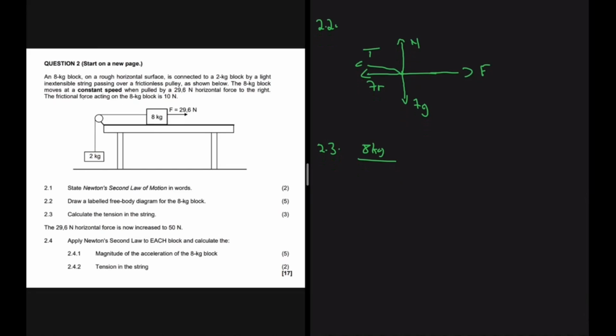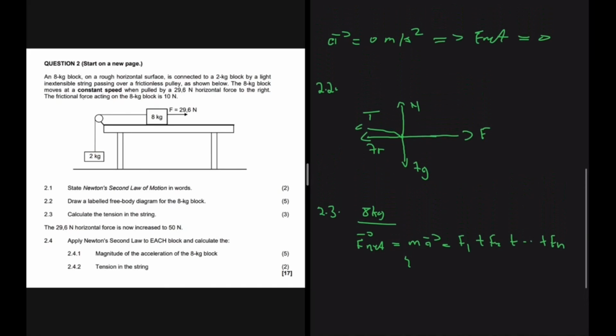So the law we're sticking to is Newton's second law of motion, obviously. F net equals mass multiplied by acceleration, and F net also equals the first force, the second force, and then some force n. What are the forces acting horizontally on the 8 kg block?